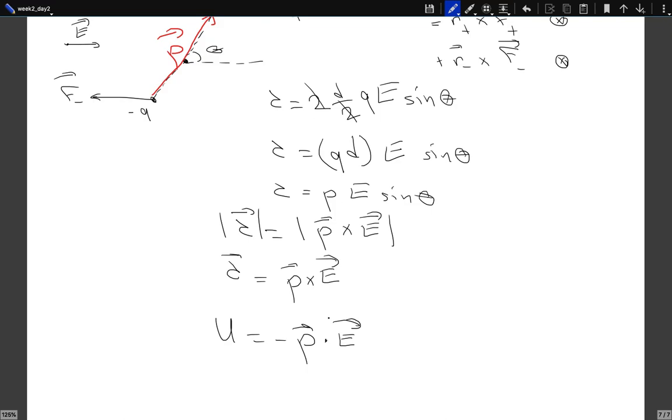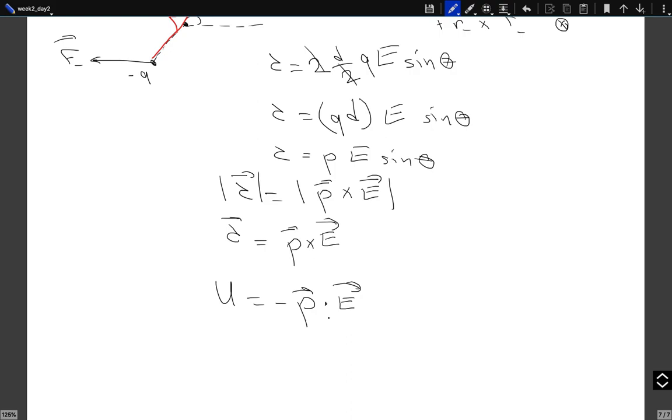Minus of work. Yeah, it's the minus of work. So what is the work in the case of torque? Well, the work was F dot dl.